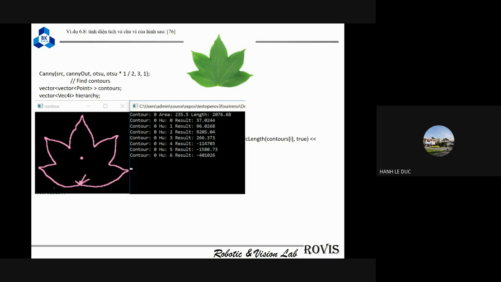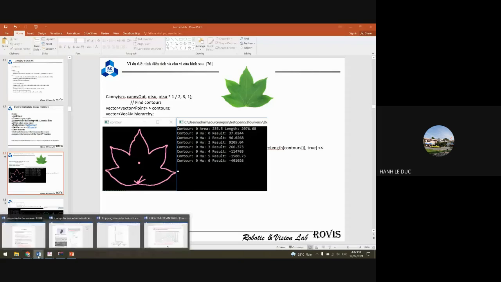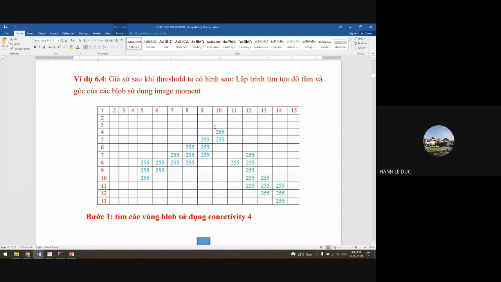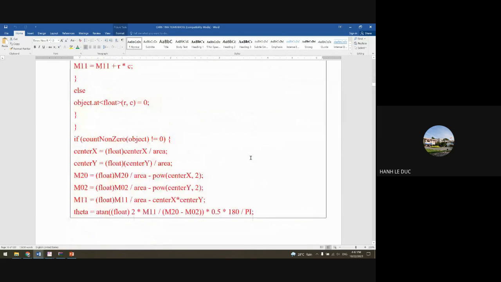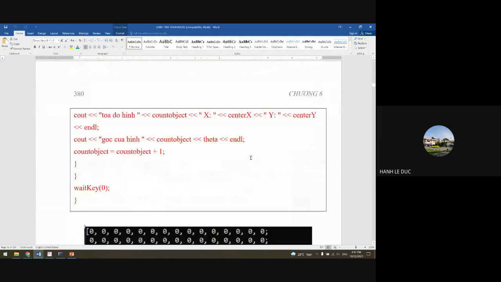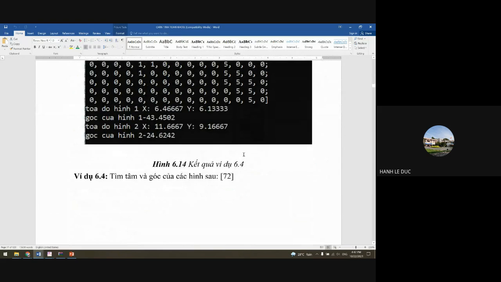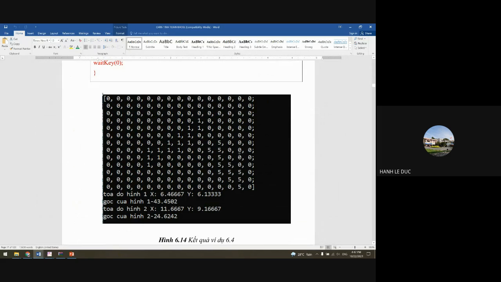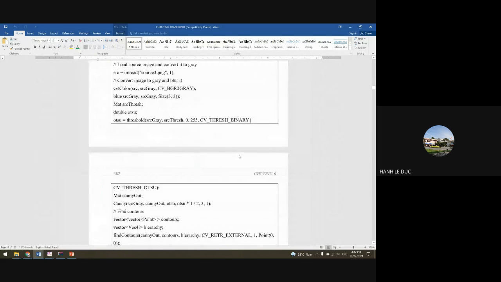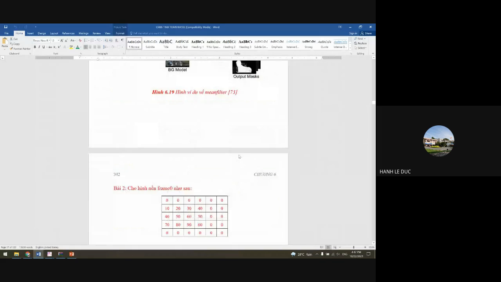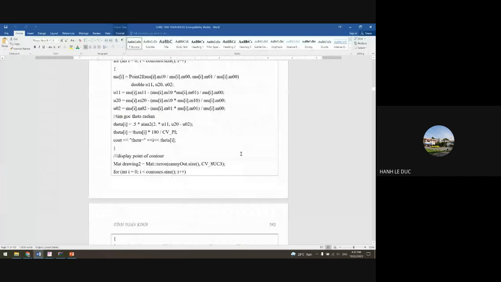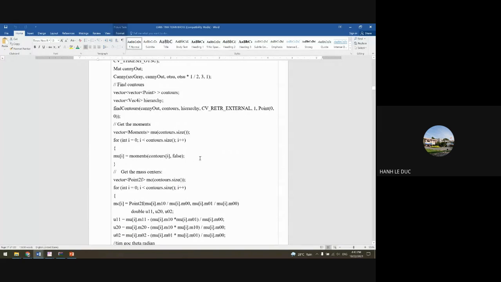Here is the previous example, and then you use the cv moments to check the result. Okay, let's see how to use this.